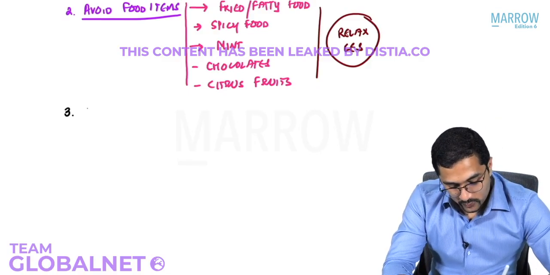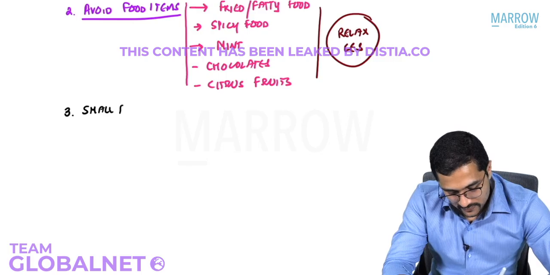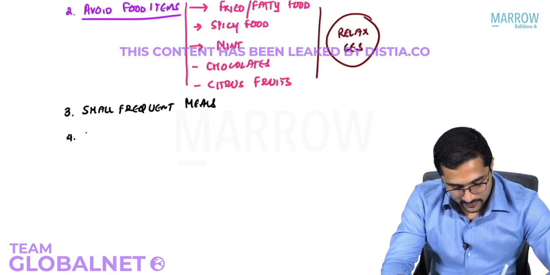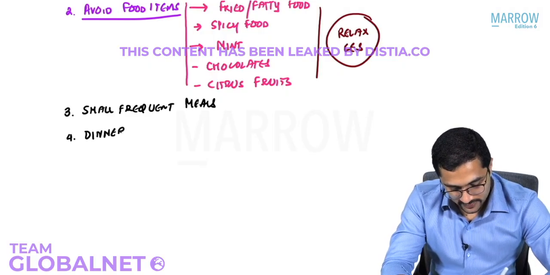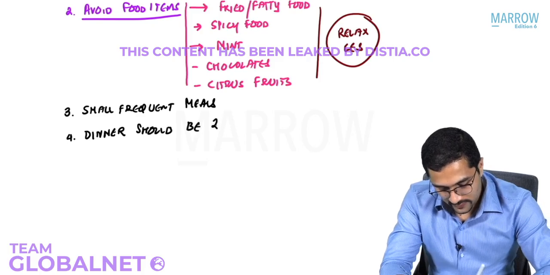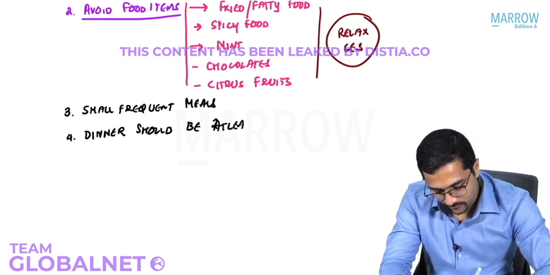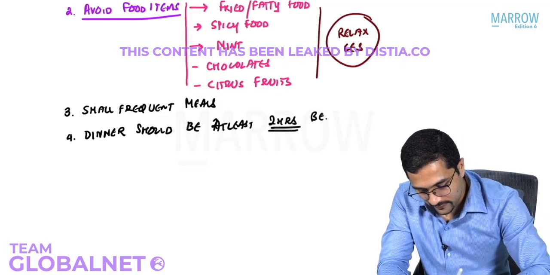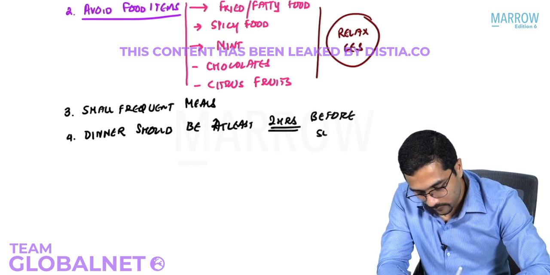These patients should be told to take small frequent meals. And very importantly, dinner should be at least 2 hours before going off to sleep. This is very important.